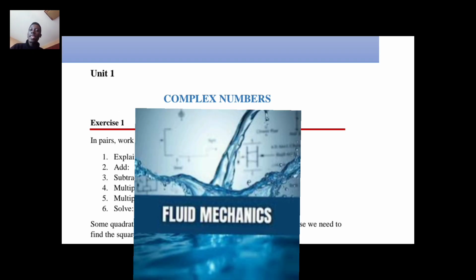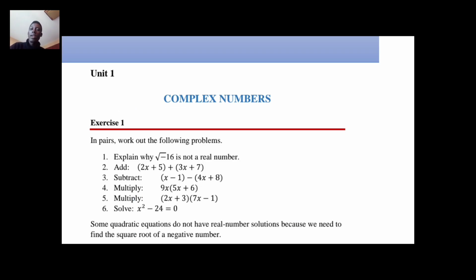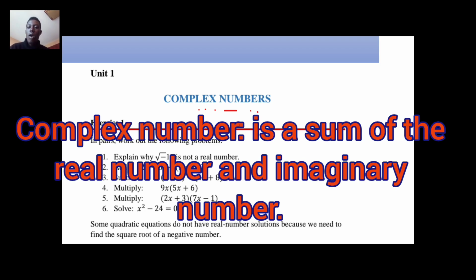Now, what is a complex number? A complex number is a sum of a real number and an imaginary number.